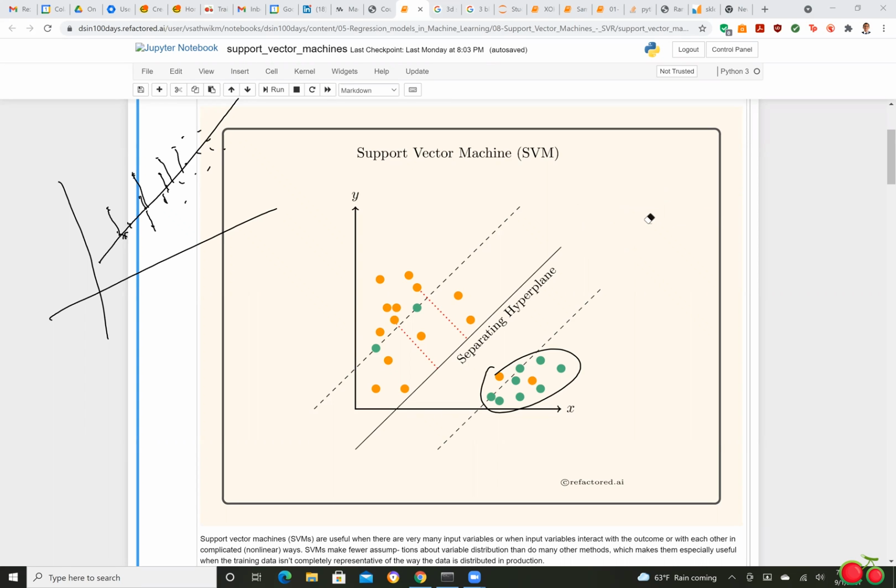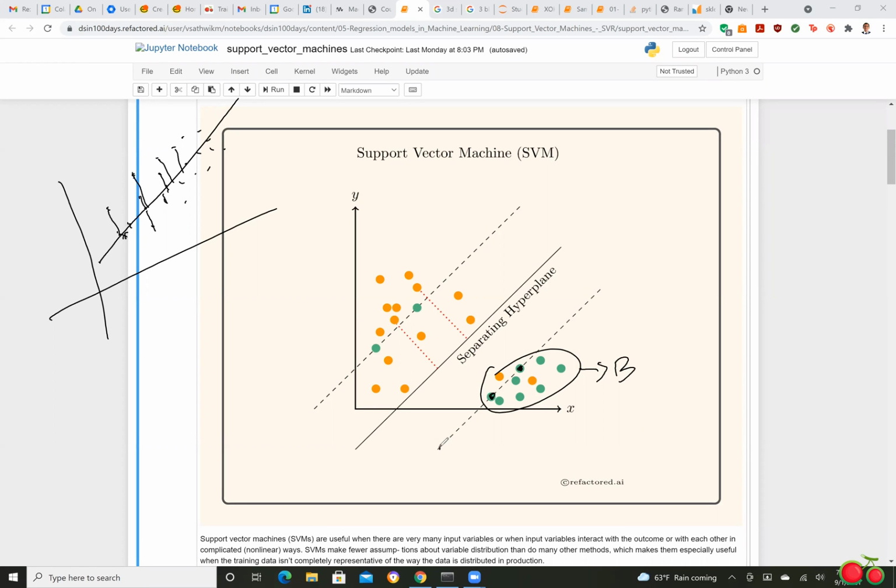So how do I draw my support vectors? How do I come up with my support vectors? In this group B that I see here, all these green points, what are some of the border points that you see of this group? These 2 points. All the other points are below these 2 points.